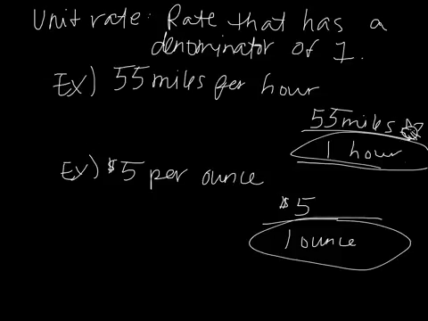Sometimes, though, they're not going to give it to us as unit rates. They might say, well, it takes me 3 hours to paint 5 walls in my house. How many hours does it take me to paint 1 wall? So then we have to figure that out. We'll talk about that. Okie dokie. So how do we find a unit rate?